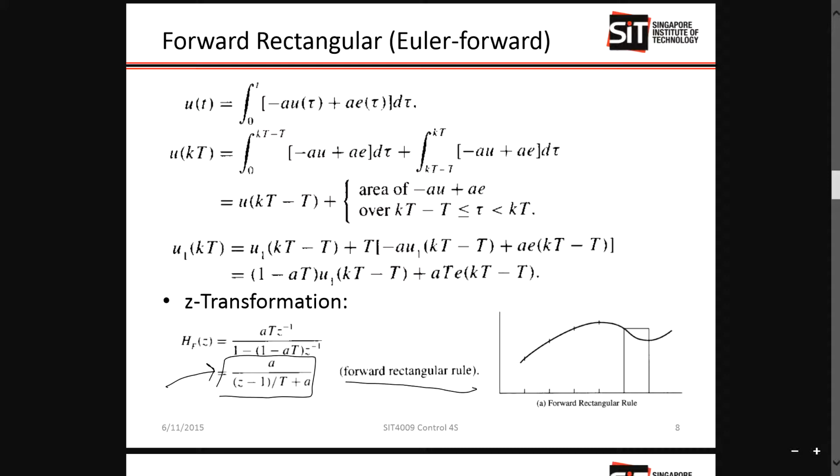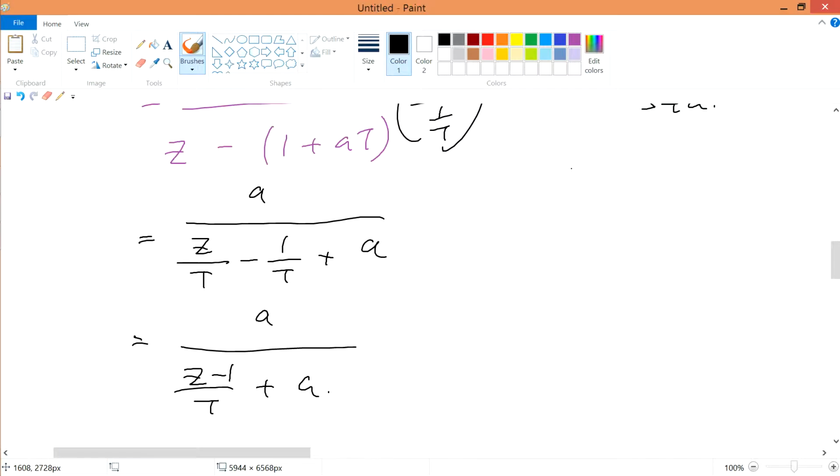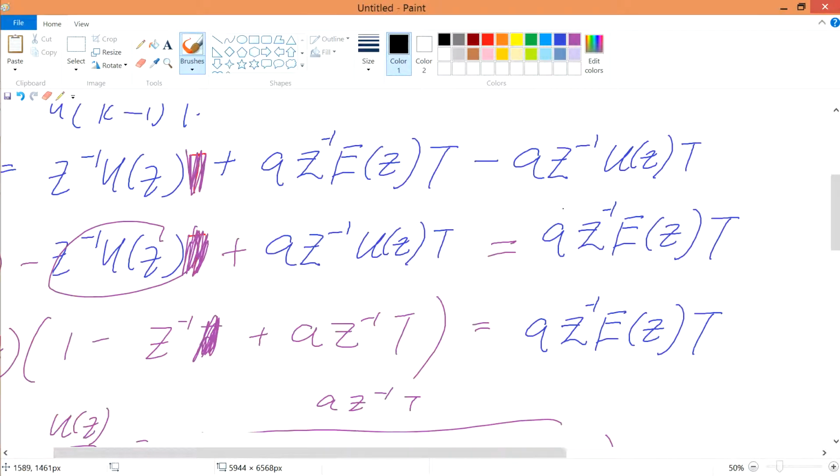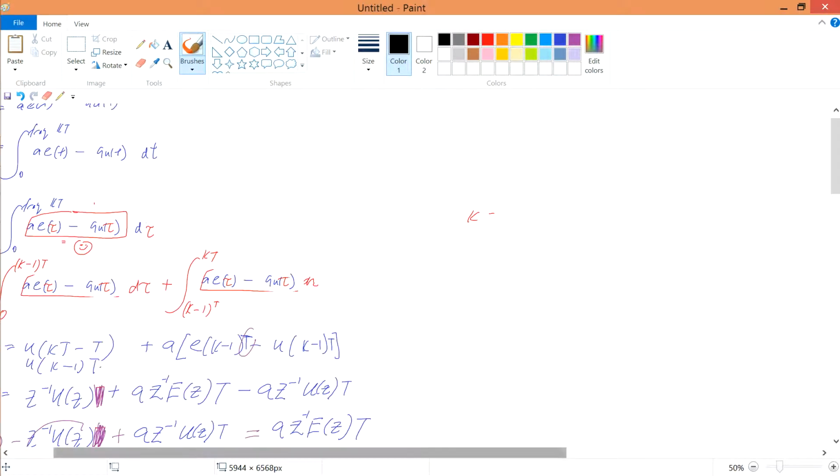Alright? And how does the forward rectangular method come in? It is when you input your u. Okay? I have no idea why I sub in as forward. In forward rectangular, I sub in as kt minus t. This u over here I sub in as this one, and this over here I sub in as this one. If you want to check back where I stopped just now, it is the point where I sub in the integration, if you still remember.